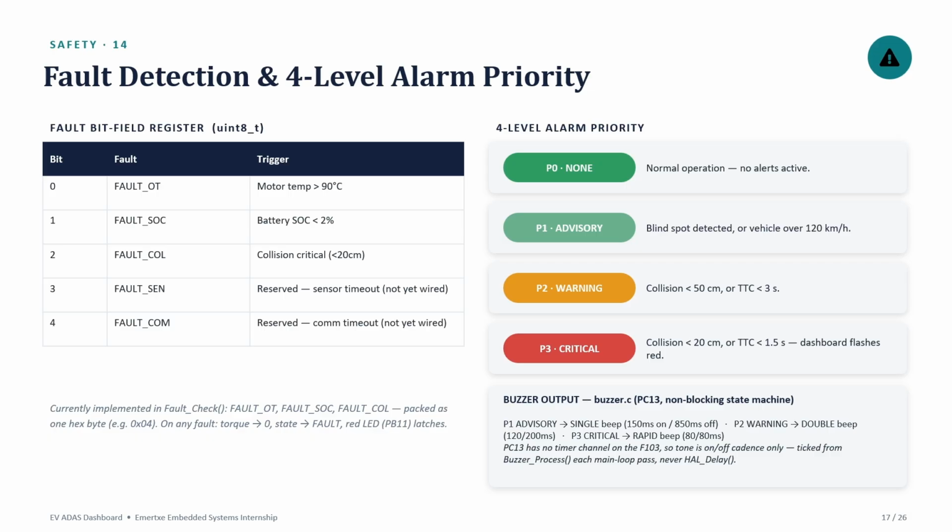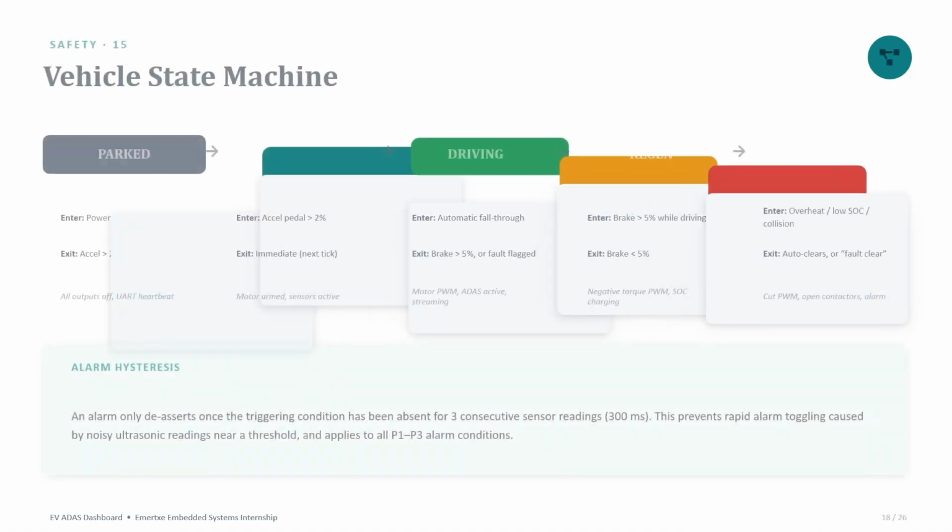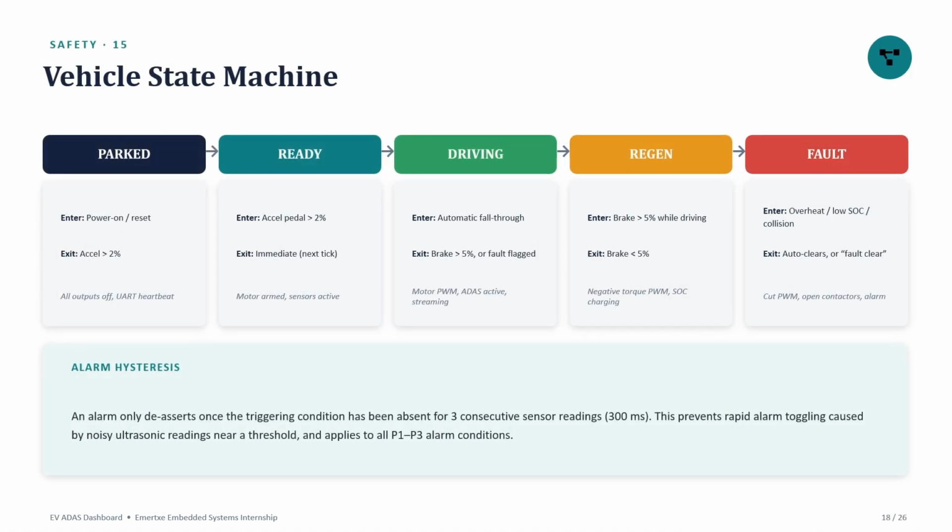Okay, so next we get to the vehicle state machine. For easy coding and a smarter system, we have implemented a five-state machine, which means the car can be described in the code as being in five states: a park state, a ready state, a driving state, a regenerative state, and a fault state.